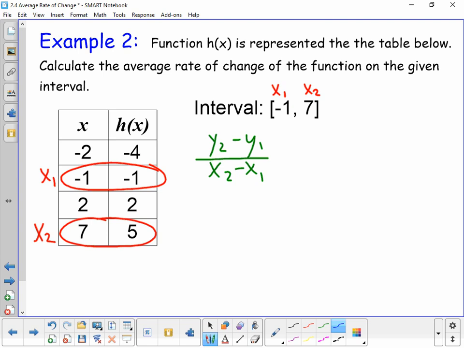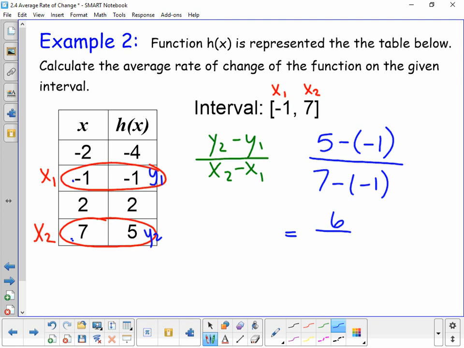So for this function h of x, we're going to do 5 minus -1. So that's y2 minus y1. And we'll divide that by x2 minus x1, 7 minus -1. So that leaves us with a 6 over 8, which reduces to 3/4.